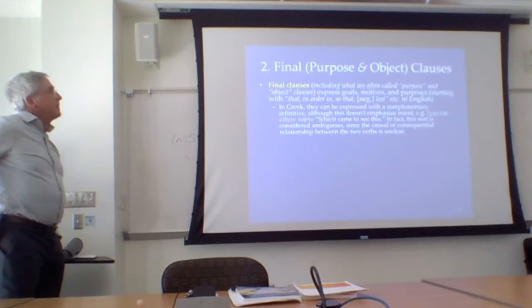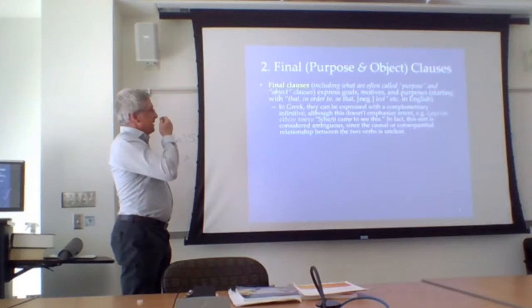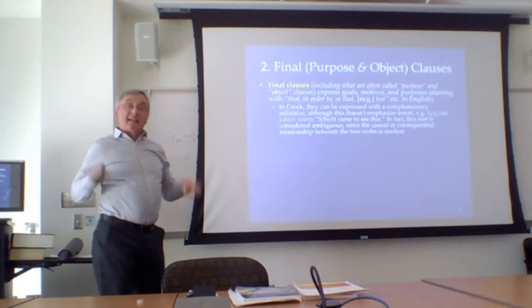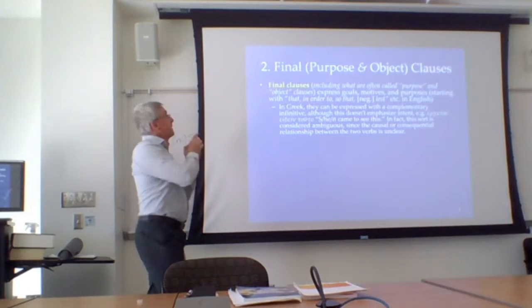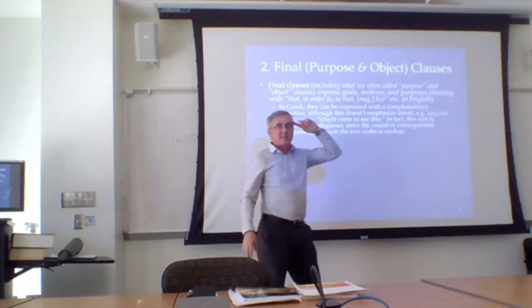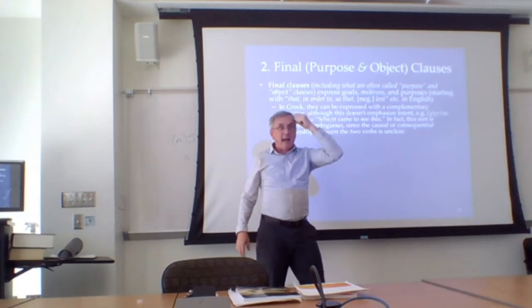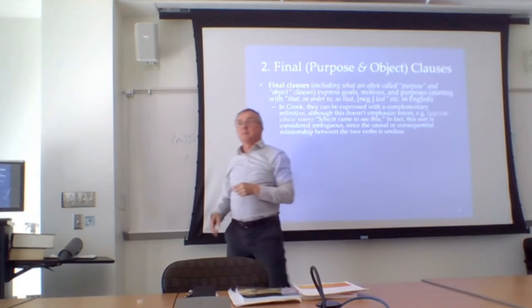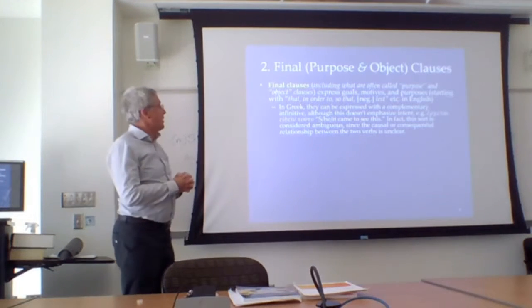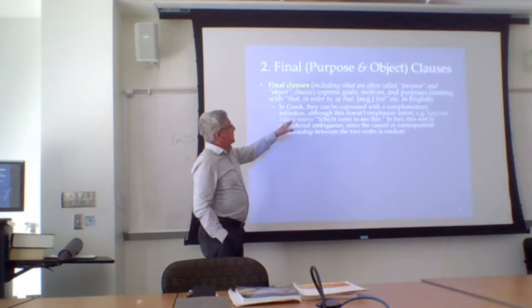In Greek, you can express them with a complementary infinitive, although this doesn't emphasize the intent, right? So with this final clauses, when you're talking about purposes or objects of mind in particular, what your attitude is towards some end goal or some object, it's not emphasized by these complementary use of infinitives.